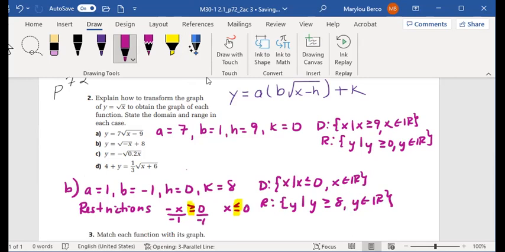If we take a look at C, our domain will be x is greater than or equal to 0, and our range is y is less than or equal to 0. I'll just put it right here on the side.